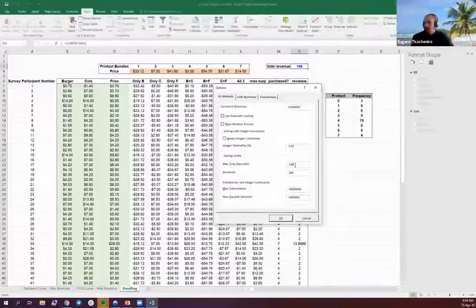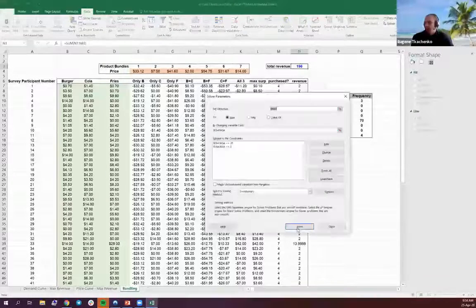In other words, the more time you have, the more accurate a model you will get. I'll set it up for 60 seconds, 1 minute, and then I'm just going to run it. So let's see what's going to happen.